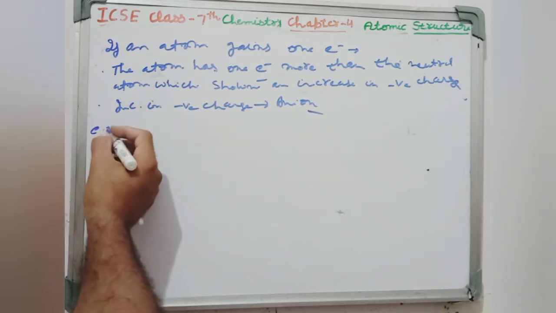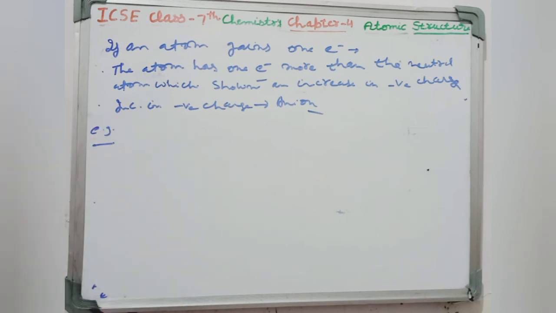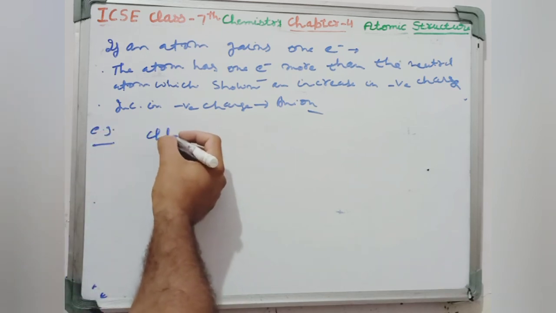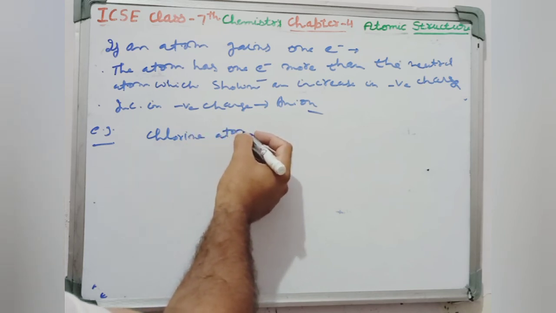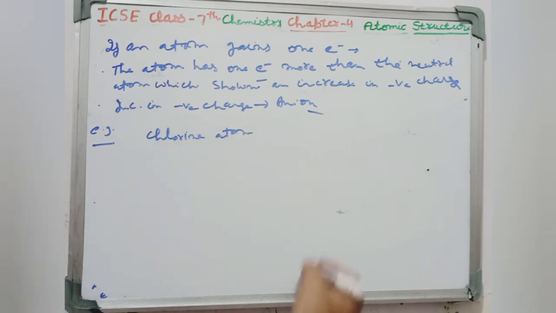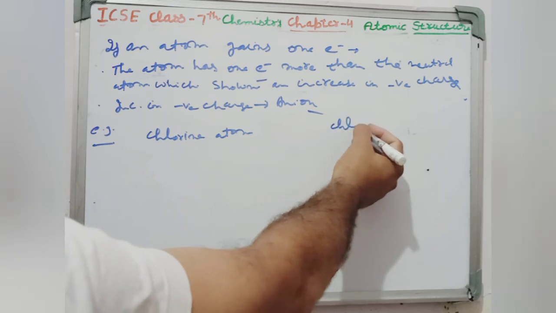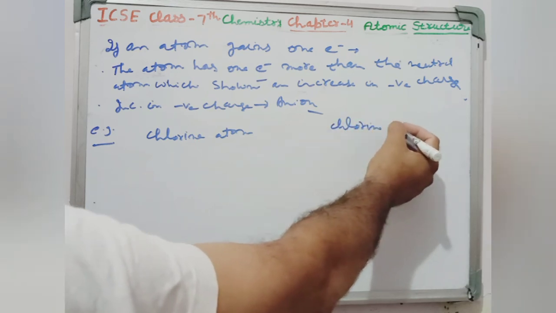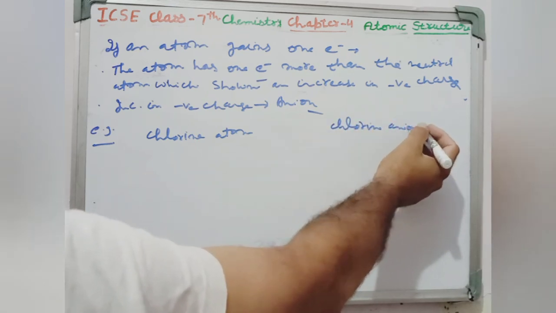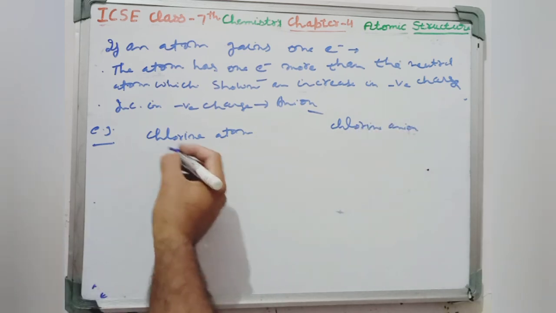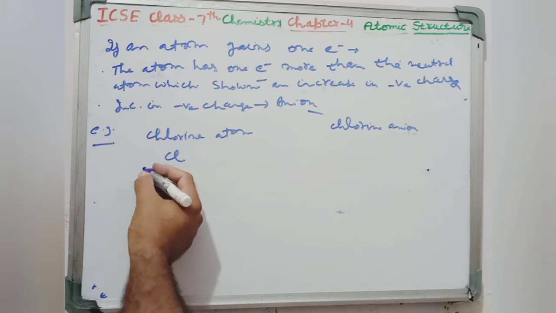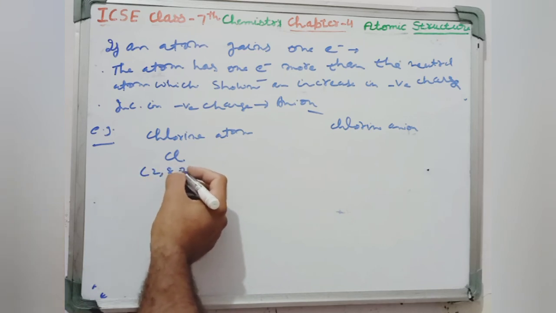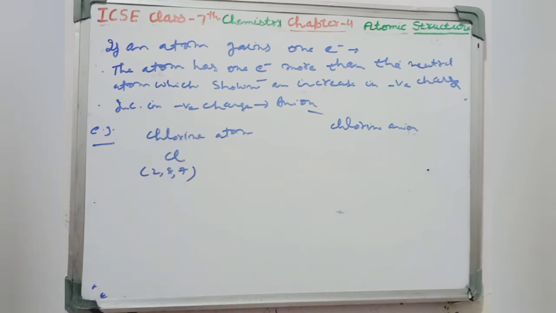Example, I take the example of chlorine atom. From chlorine atom it will become chlorine anion. Right? Chlorine is gaining. Chlorine's electronic configuration is 2, 8, 7, with 7 valence electrons, so it can gain.